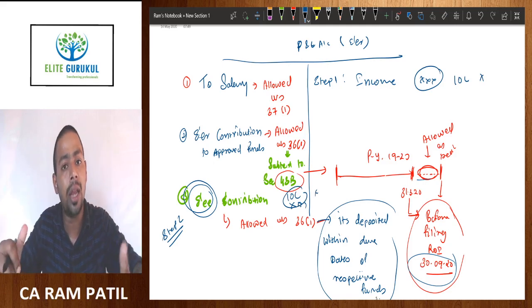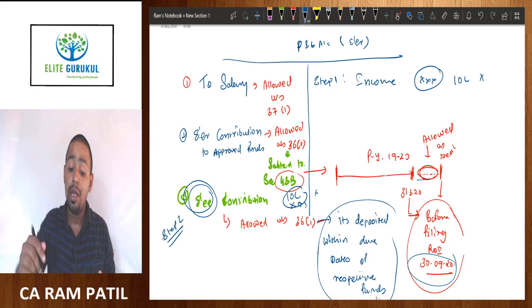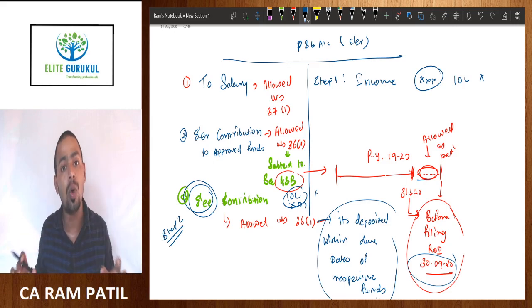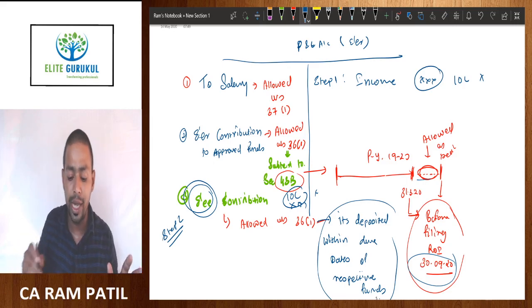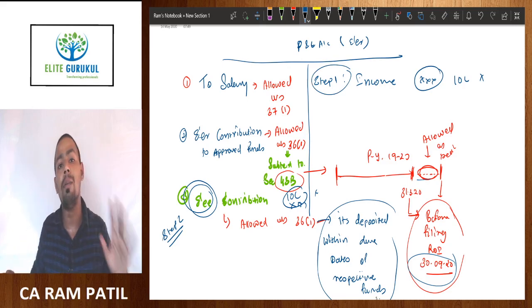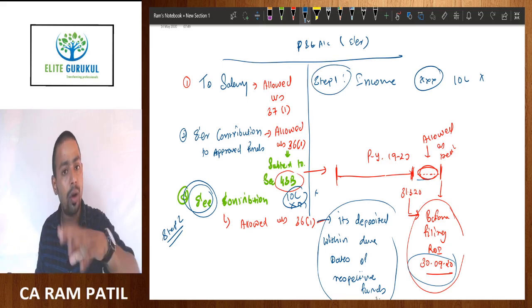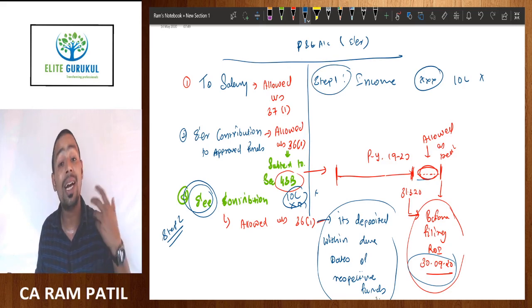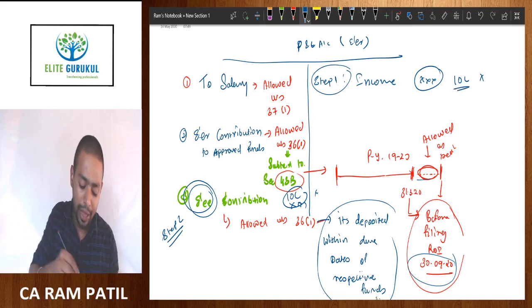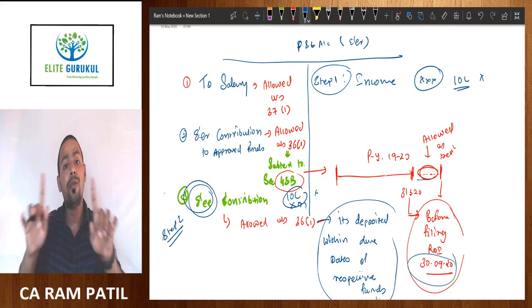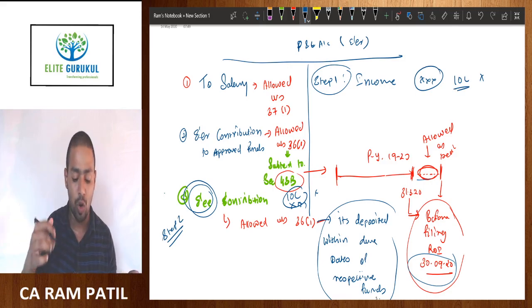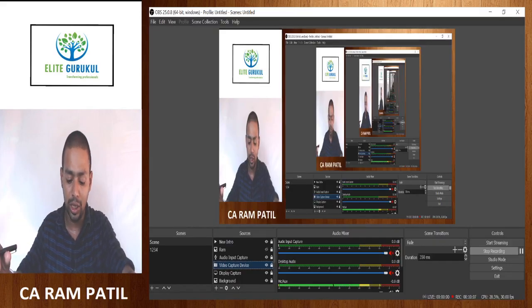That means it's neither an income nor expenditure. But to have compliance control over an employer, Government of India is saying, the moment you deduct amount from salary for contribution to provident fund, we will consider it as an income first and then we will give you deduction, and therefore there is a counter section which operates here. You can again recheck this discussion.